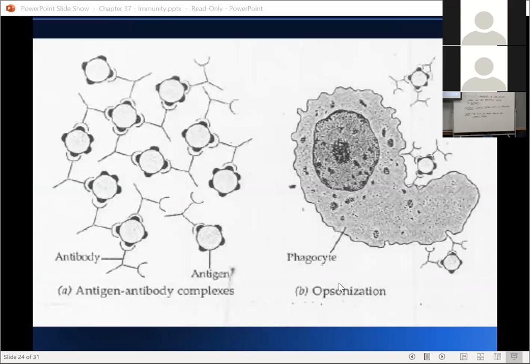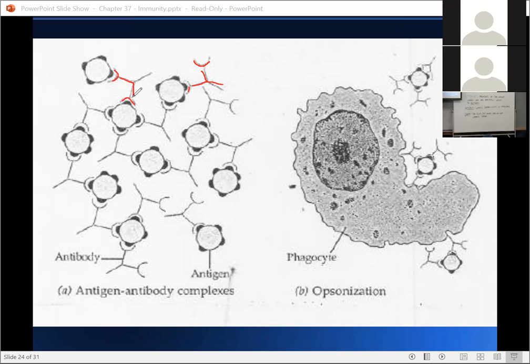Okay, so here again, some ways that antibodies can help to neutralize foreign invaders. On the left-hand side here, this is an example of agglutination. So let's look at the individual antibodies here. Here's an antibody. Here's the antigen binding site. Remember, these are divalent, meaning that they can bind to two things.